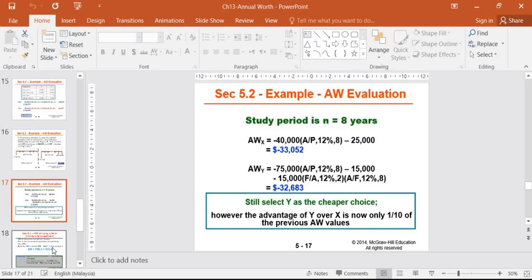So we still select project Y, because it's a higher value. We still select the higher value.